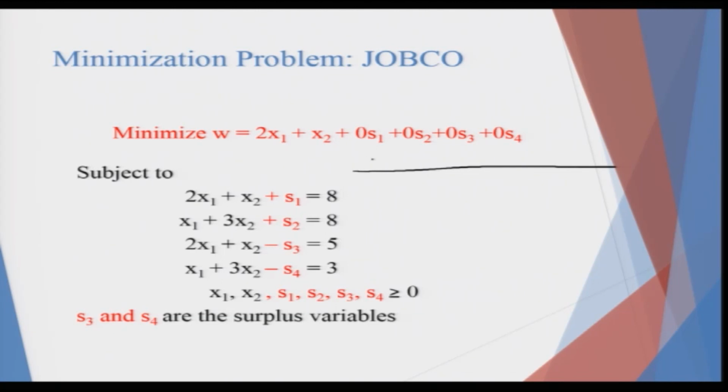So, obviously you will have W or Z, and the columns would be x 1, x 2, S 1, S 2, S 3, S 4, and the corresponding values which you will have initially would be minus 2, minus 1, 0, 0, 0, 0, and the objective function would be here as already we know.